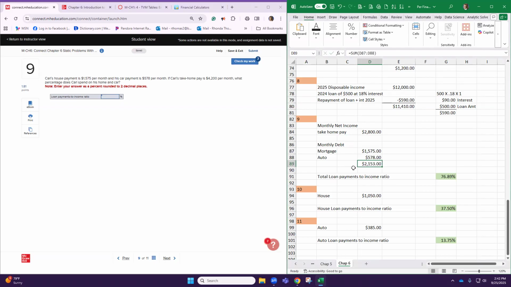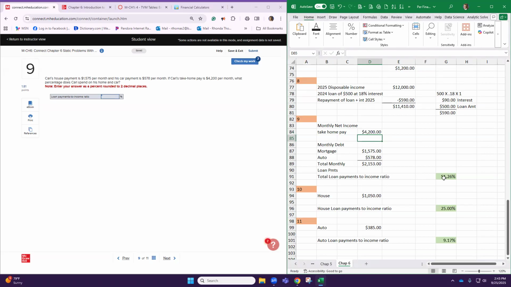So he has a loan payments to income ratio. This is the total of his loan payments, total monthly loan payments, which is 2153. His take home is $4,200.